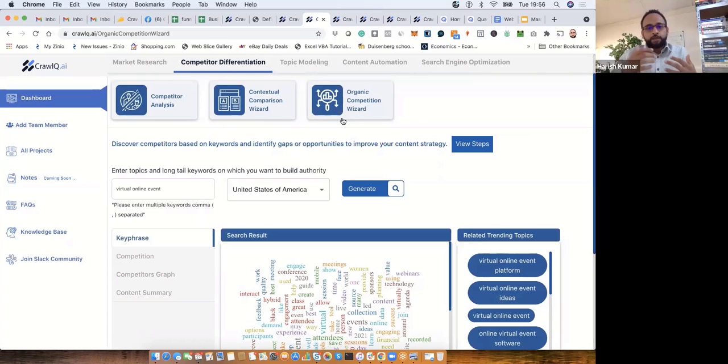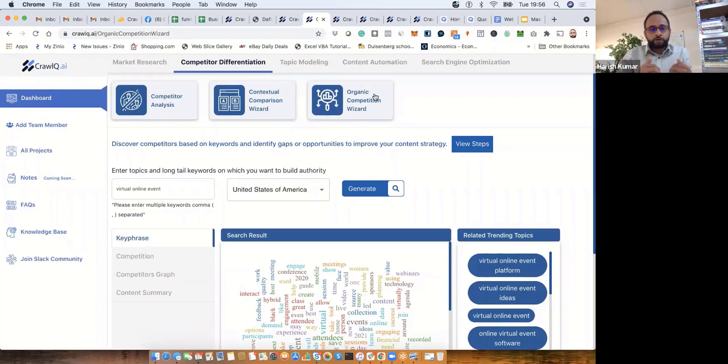And the whole idea here, again, is to understand their semantics and what kind of topics they are targeting. So I want to take this example. Here you have direct competitors. If you know your direct competitors, you can use this. If you know a specific product page or blog, you can also compare these two pages.